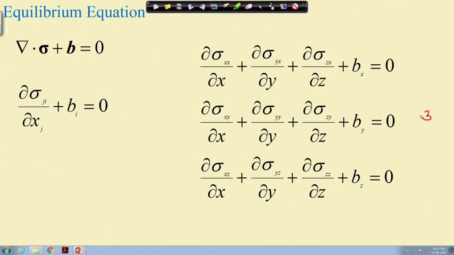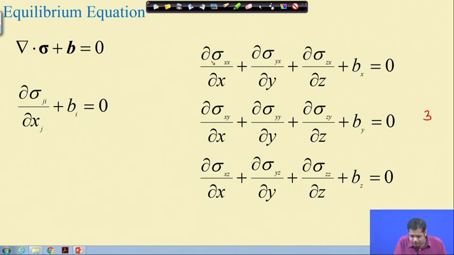Okay. Now, let us see how many unknowns we have. We have sigma xx unknown, sigma yx unknown, sigma zx unknown, sigma yy unknown, sigma zy unknown, and sigma zz unknown. The others are not separate unknowns because sigma yx and sigma xy are the same. So, essentially we have 3 equations, and 6 unknowns, right.